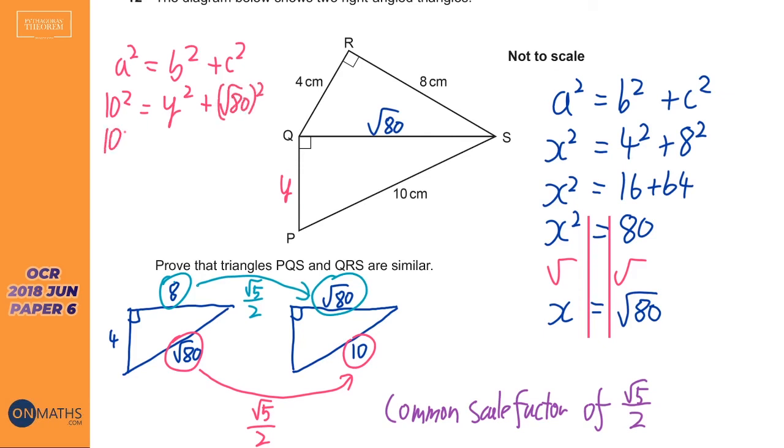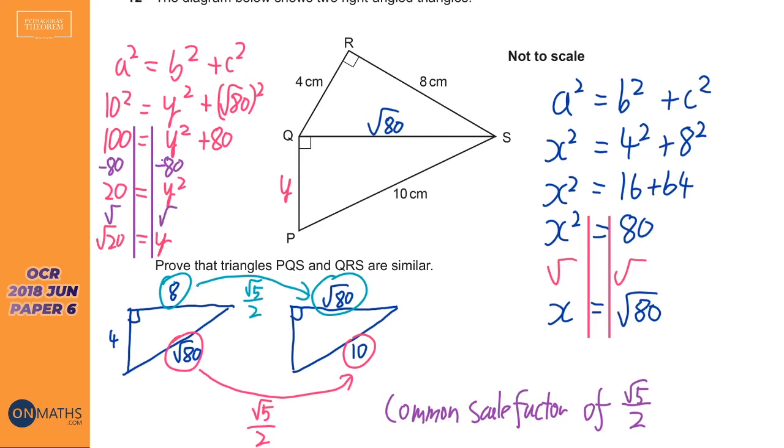And so it'd be 100 equals y squared plus 80. So we're just going to take away 80 from both sides. And this would be 20 equals y squared. And then square root both sides. And so we've got root 20 equals y.